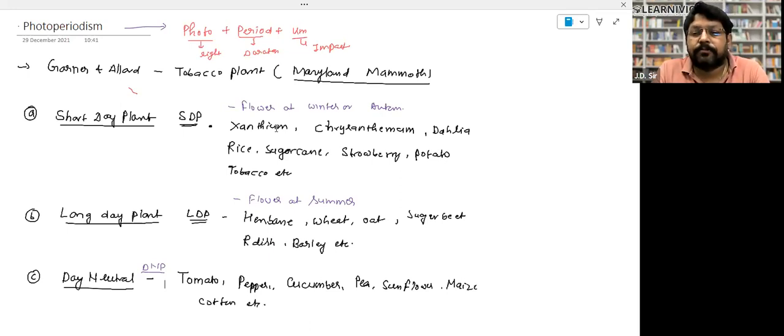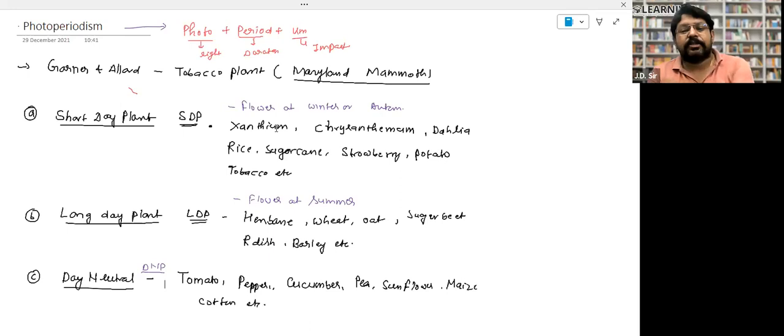In winters, you will see that the sunrise is late. The sun will come out at 6:30, 6:45. That is the sunrise time. Sunset comes early, at 6 o'clock only. So the duration of exposure to light reduces.